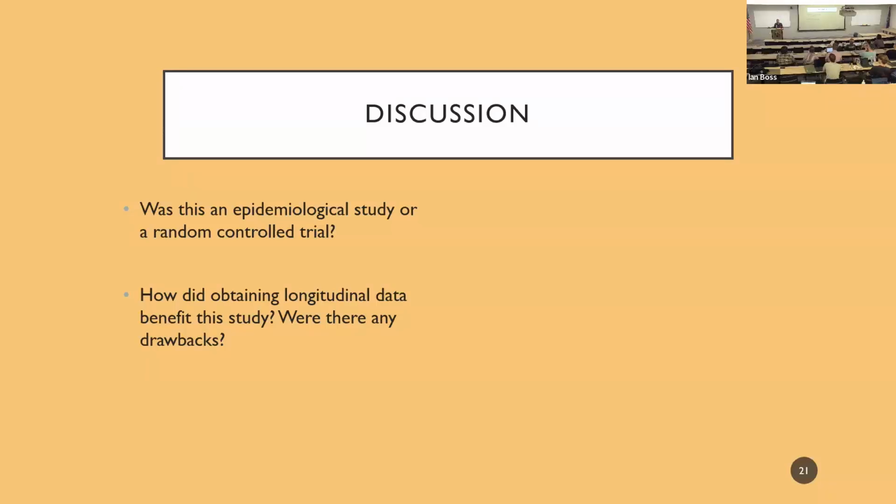So I think this is more of an epidemiology study. Randomization isn't like an intervention where we're trying to find out if a drug or a vaccine has efficacy against something.